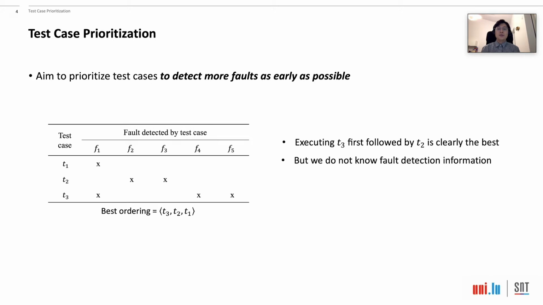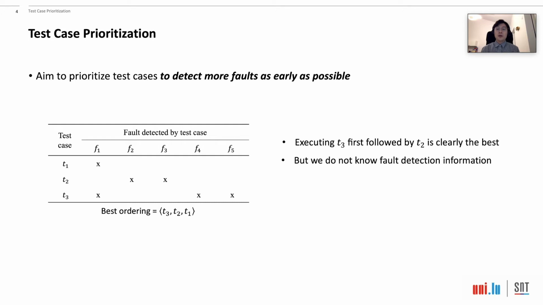It aims to prioritize test cases to detect more faults as early as possible. If you look at the example below, you can see that there are 5 faults and 3 test cases, and you can already see the fault detection information.